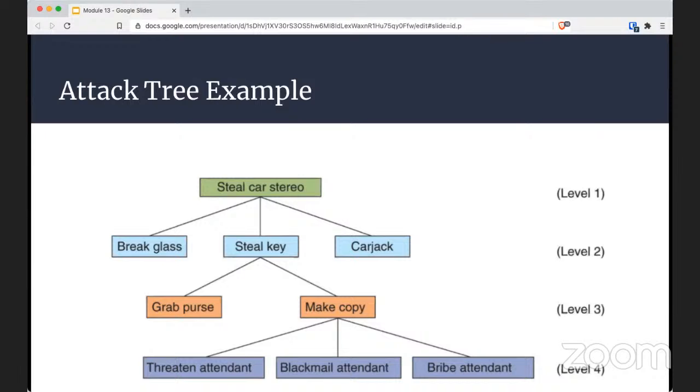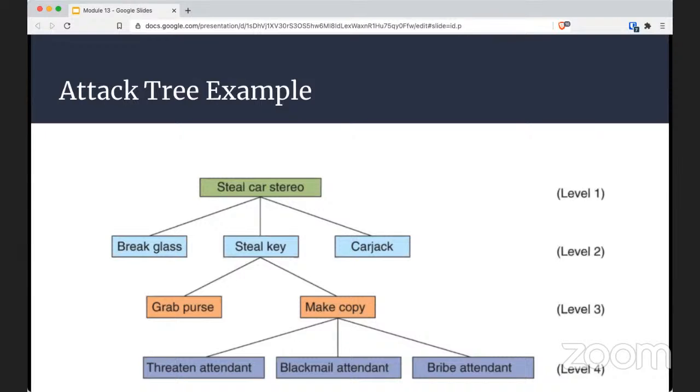So we figure out, what are ways that this car stereo can be stolen? Well, somebody could break the glass in the car. Someone could steal the whole car, or they could steal the key. And how could they steal the key? Well, they could grab the purse.